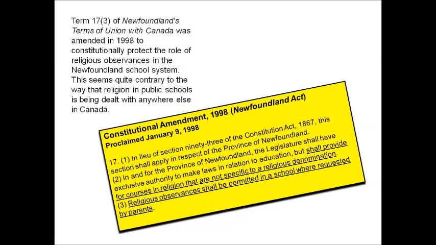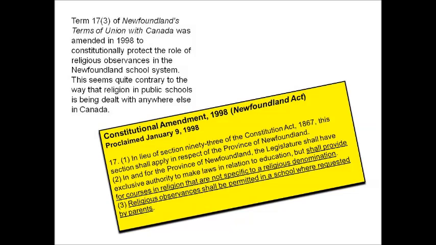The big amendment comes in 1998, and this is it here, right? It's just this new section. In lieu of Section 2 here, we'll start with: in and for the province of Newfoundland, the legislature shall have exclusive authority to make laws in relation to education, but shall provide for courses in religion that are not specific to a religious denomination.